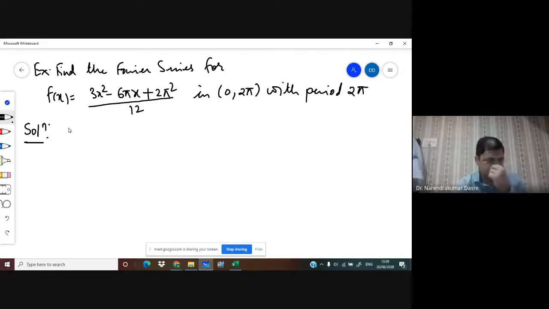So here this is the given function, and we want to find out the Fourier series for this function.